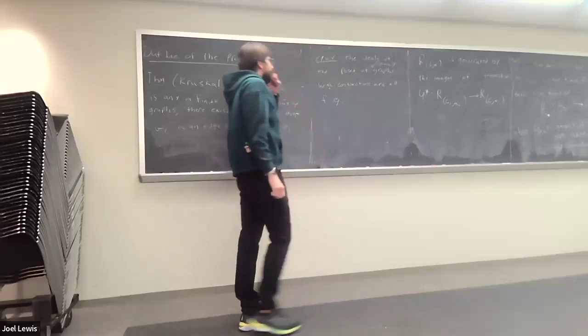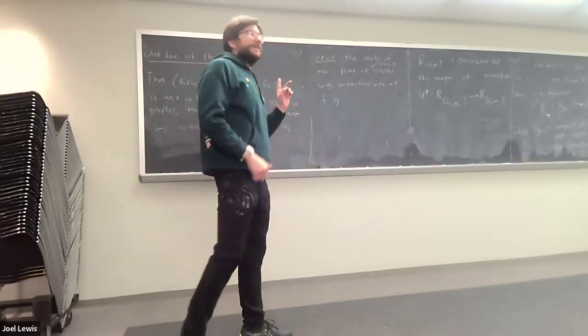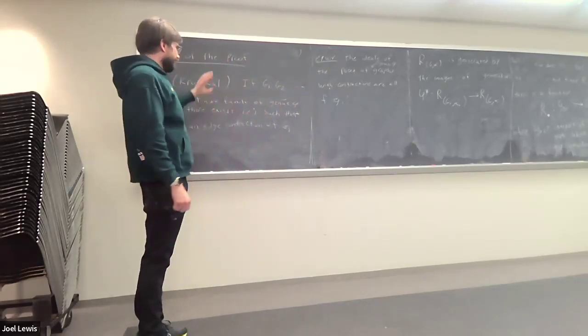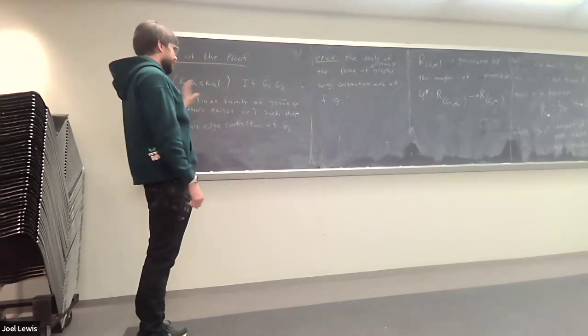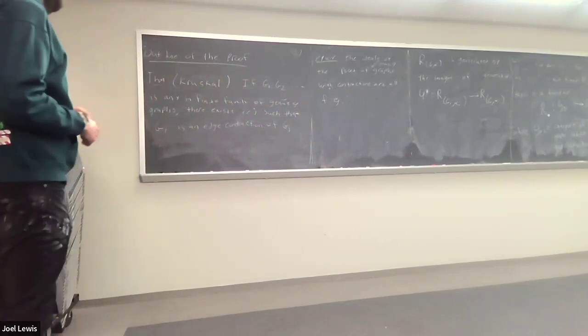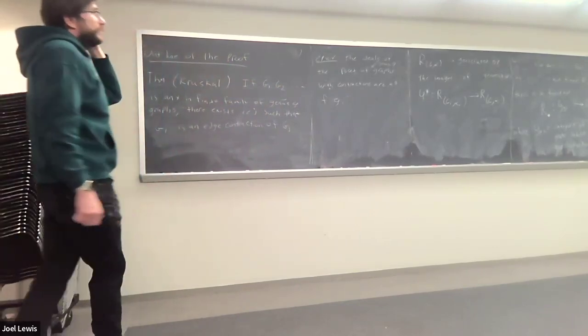Now, Kruskal, in his original work, it's Kruskal's tree theorem. So in his original work, if you read the papers, he's talking about families of trees. But going from that to this is not terribly hard. So this is basically Kruskal's tree theorem. So yeah, the ideals of the poset of graphs with contractions are all finitely generated.